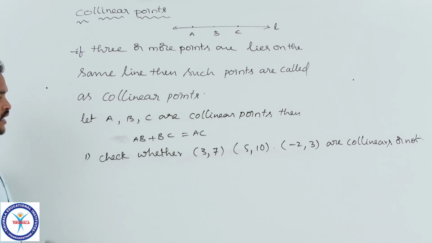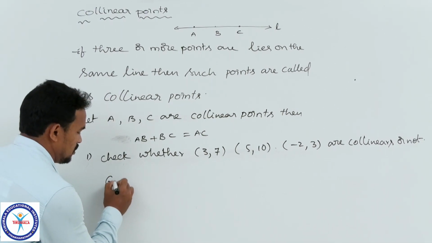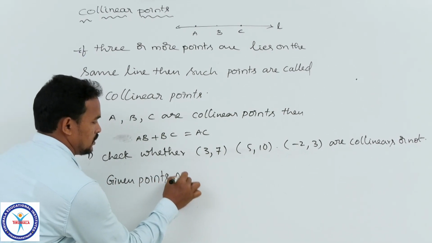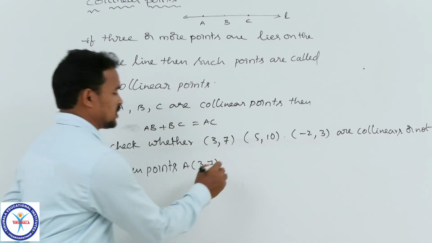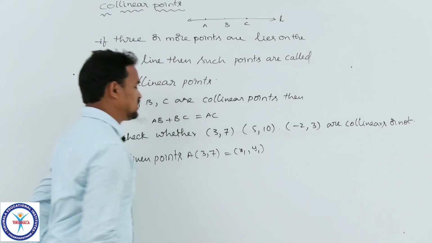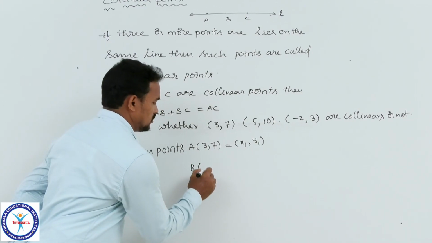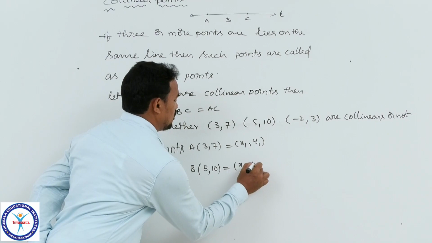Like this, if you face any question, first take the given points. A(3, 7) is compared with (x1, y1), so your x1 value is 3 and y1 value is 7. Another point is B(5, 10), which is (x2, y2).